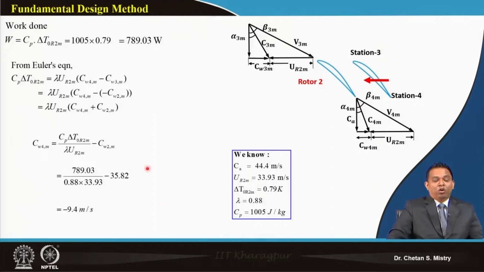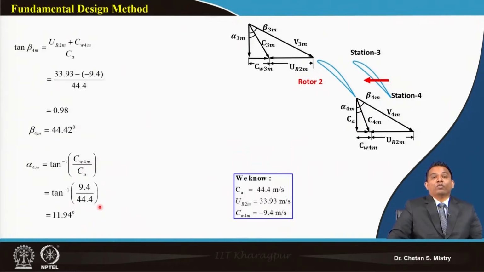Now based on Euler's equation, we can calculate CW4 at the exit of rotor 2. Putting this in, the velocity comes to minus 9.46 meter per second.